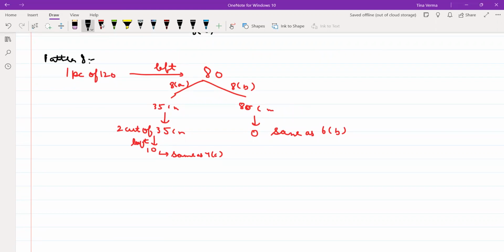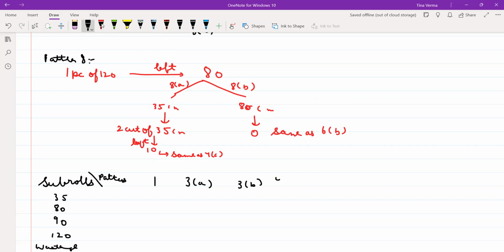So here I am writing sub rolls. So this is 35, 80, 90, 120, and here I am writing wastage. And the new patterns are 1, 3A, 3B, 4C, 5A, 6A, 6B, 7B.